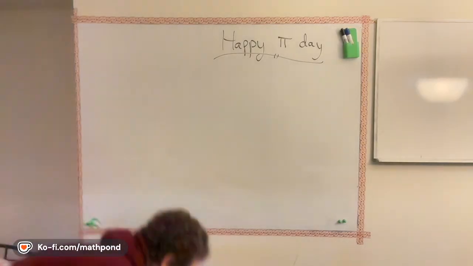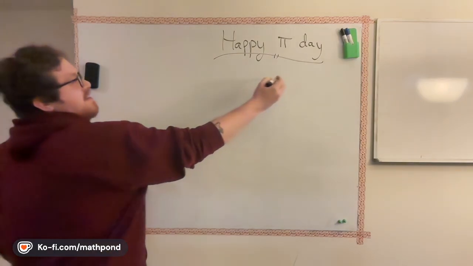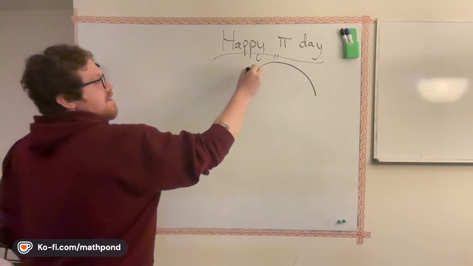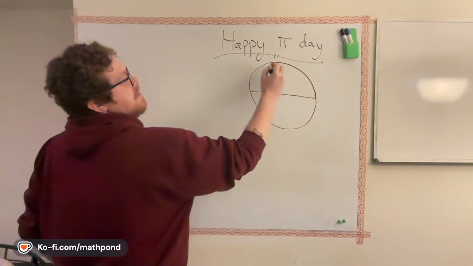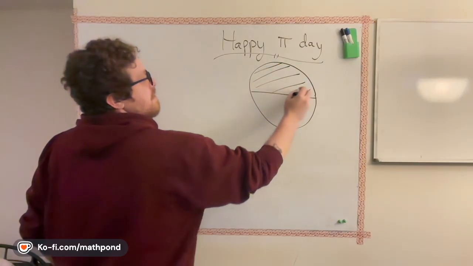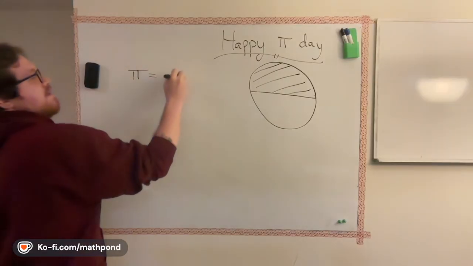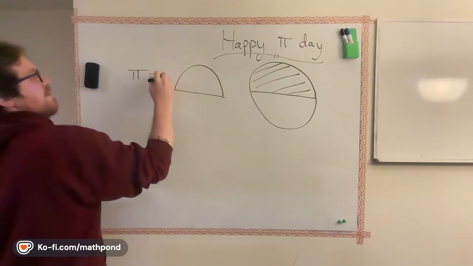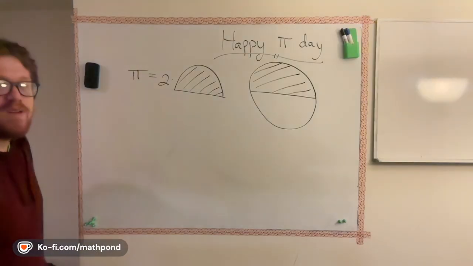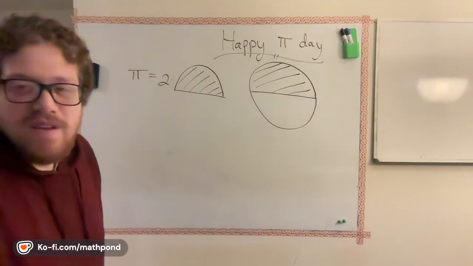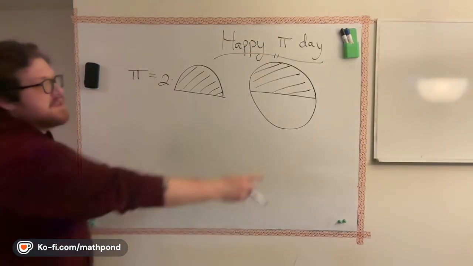For instance, we know pi is the full area, so it should be 2 times this area, right? And we know that this is some integral.